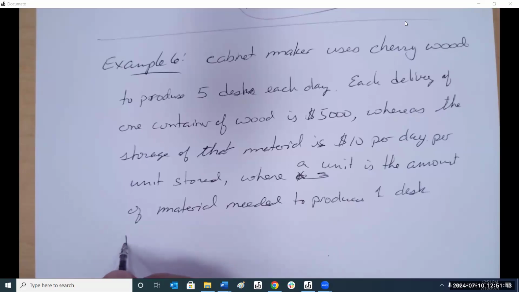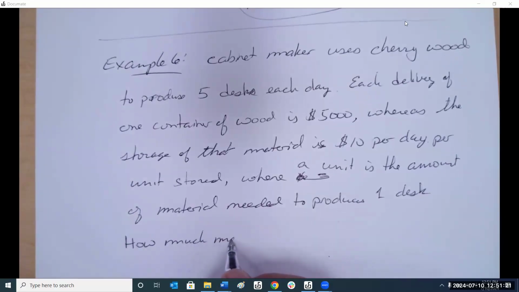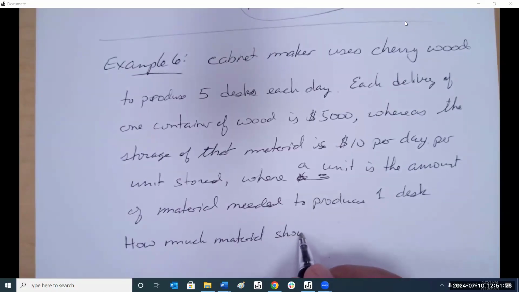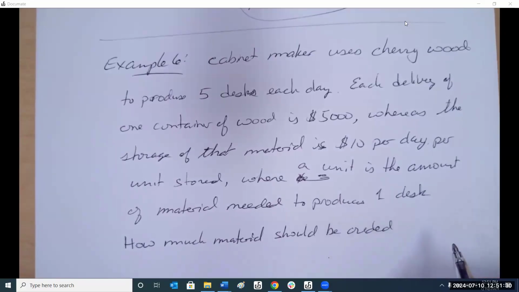Now to the questions. How much material should be ordered each time?